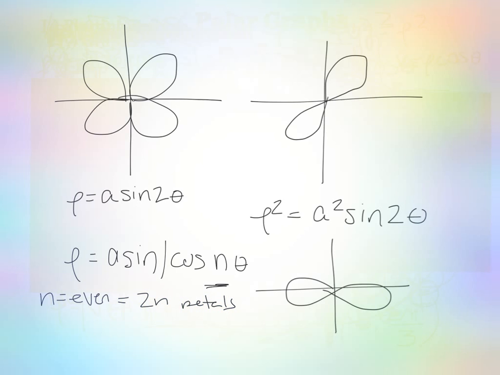But if n is odd, then it will have n petals. So here, n is 2, and if you multiply that by 2, you get 4, so it has 4 petals. And that's pretty much all you need to know about polar graphs.